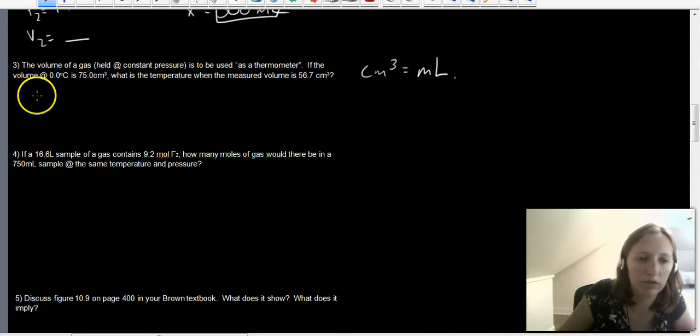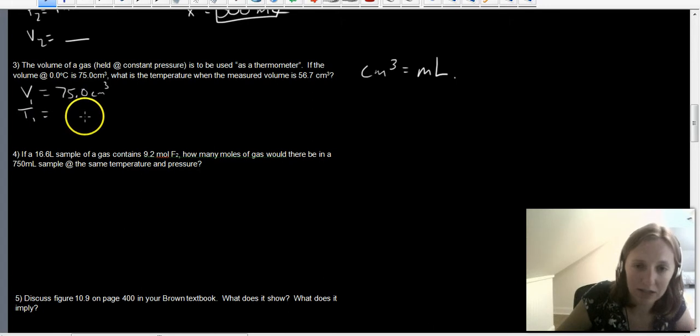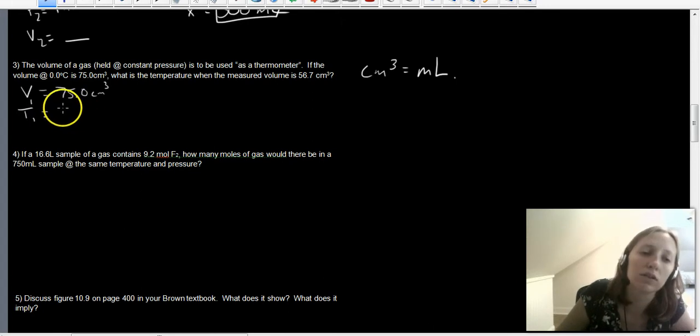So what we have is the volume 1 is 75.0 centimeters cubed. The temperature 1 is in Celsius, but it needs to be in Kelvin. So 0 degrees Celsius is 273 Kelvin.